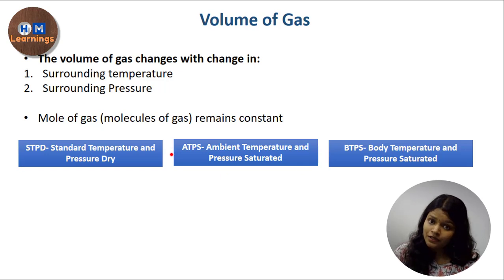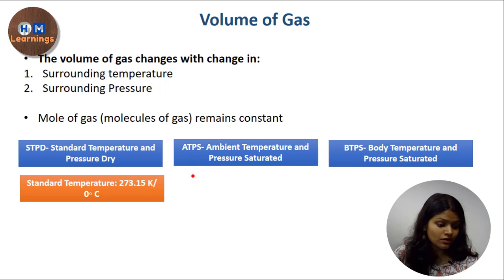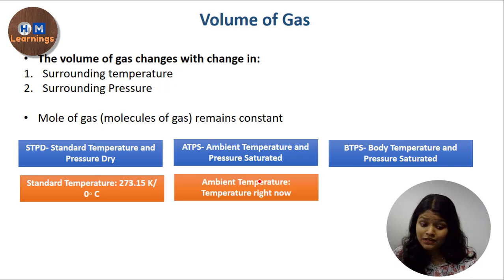What does standard temperature mean? It means a temperature of 0 degrees Celsius or 273.15 Kelvin. What does ambient temperature mean? It means the temperature of your ambience. Maybe it is the temperature right now, and suppose we take it for this video as 30 degrees Celsius.